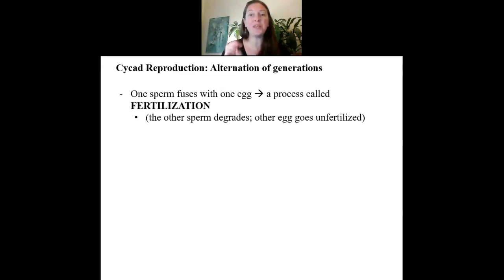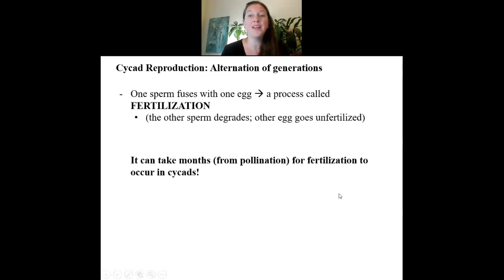And this gets rectified later in the angiosperms. In the angiosperms, both sperm are going to be used. But in the gymnosperms, only 1 sperm is used, the other one degrades, and the other egg goes unfertilized. And this is part of the reason why in cycads it can take months between when the pollen grain lands on the pollination drop, right, pollination, and the event of fertilization.